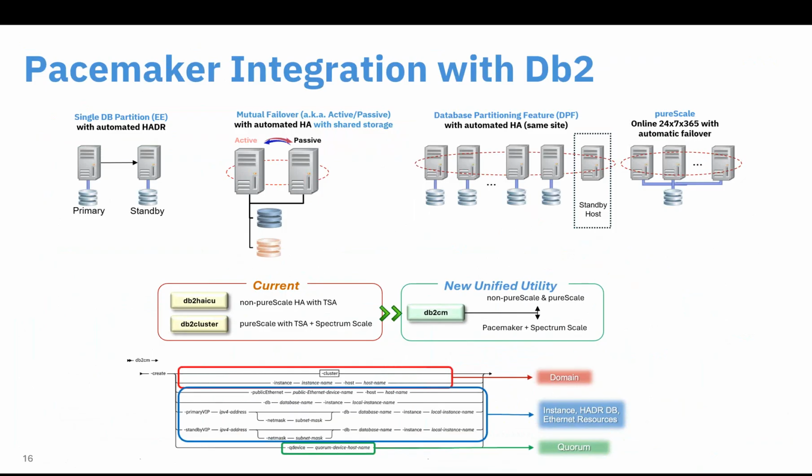They can just basically use the same utility and more or less the same notions. Obviously, there are slight subtle differences depending on the topology and what you're trying to achieve. But for the most part, you're looking at how to configure and interact with Pacemaker the same across all of the form factors, which is a good improvement.